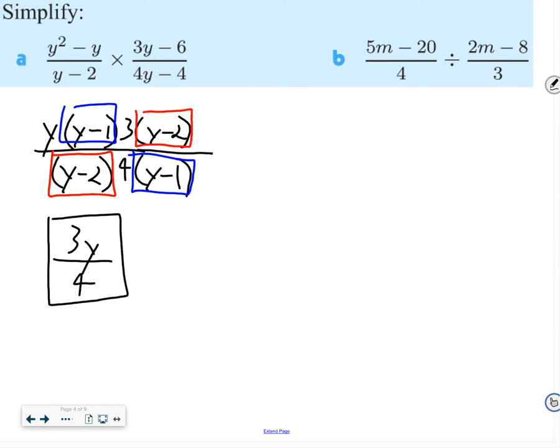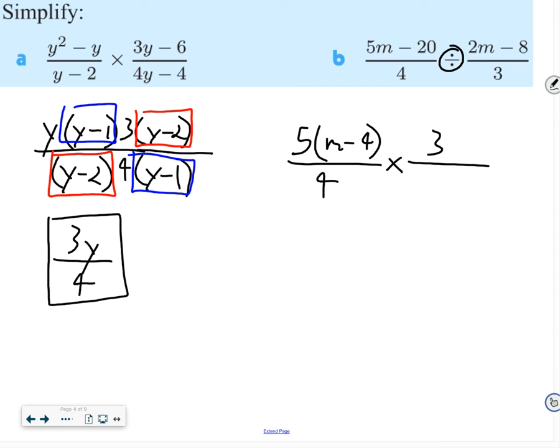On B, similar strategy, but we have to remember it's division, so we're going to multiply by our reciprocal. The numerator is 5 times n minus 4, because I want to factor out my 5 over 4. Change it to multiplication. Bottom becomes a top, top becomes a bottom.